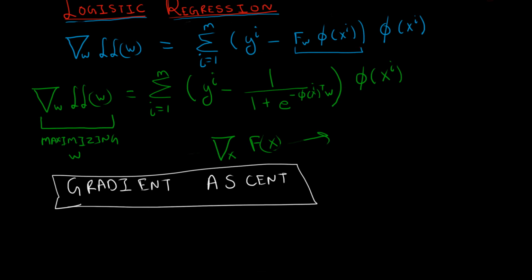Now let's see how we update the parameters w to obtain the optimal solution, or the maximum likelihood estimate of the parameters w.